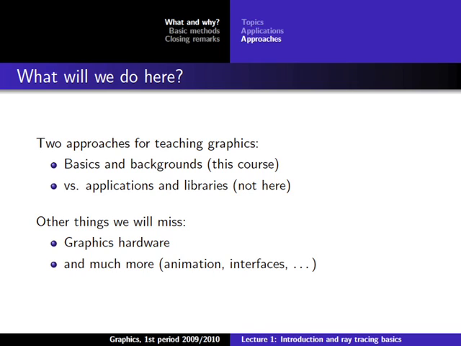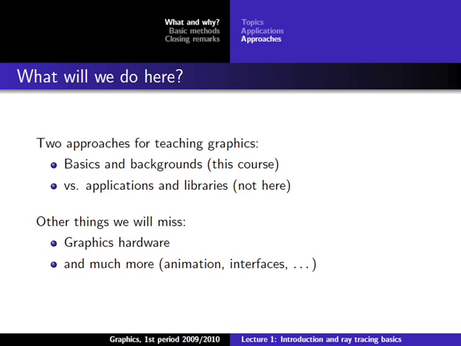So we know now what we will do and why we will do it. The question now is how we are going to do it. There are two philosophies when you look at how people teach computer graphics, or if you look at basic introduction textbooks, you will realize that there are basically two approaches. The first one, which is the one we use in this course, is to teach the basics and the backgrounds, and the other is to teach more the applications, the libraries and the programming.